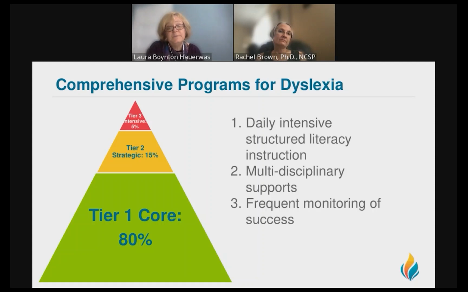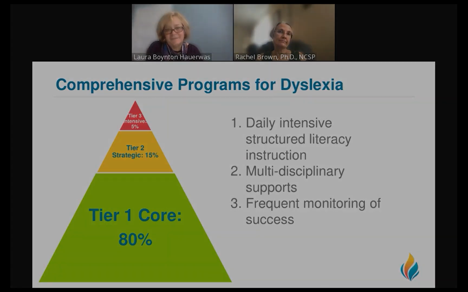And we want to make sure that we're using a comprehensive assessment system and monitoring frequently for success. And if we're not seeing success, we're going to review our program, make some adjustments, change the supports, and intensify the instruction so that we know that all children can read successfully.